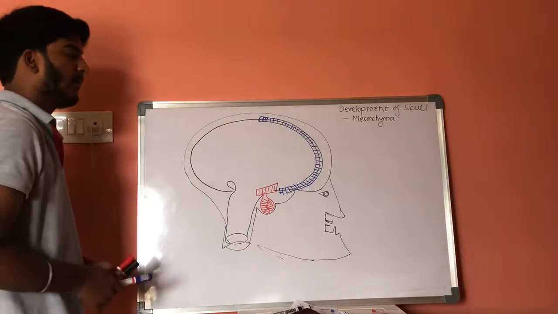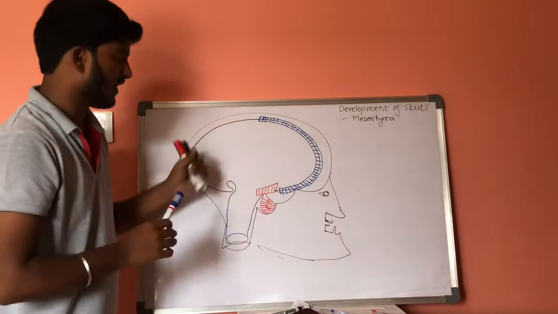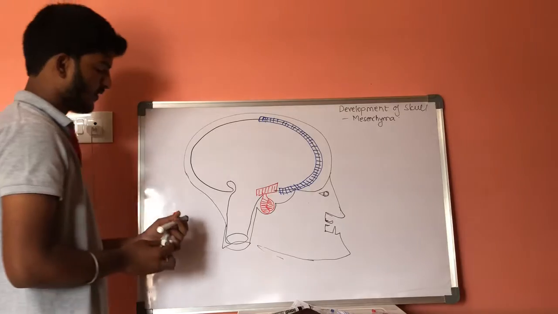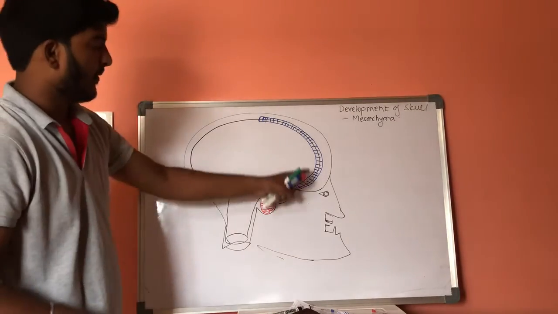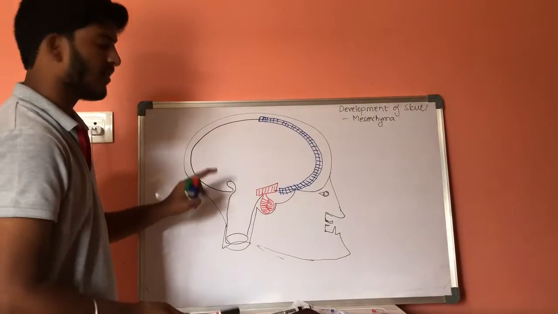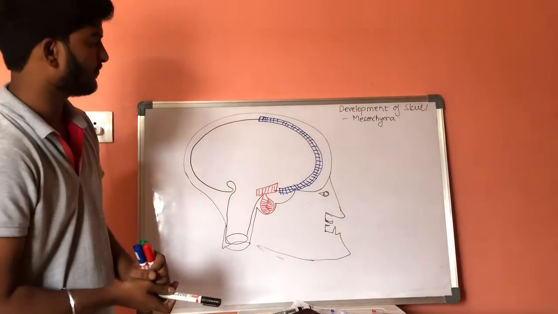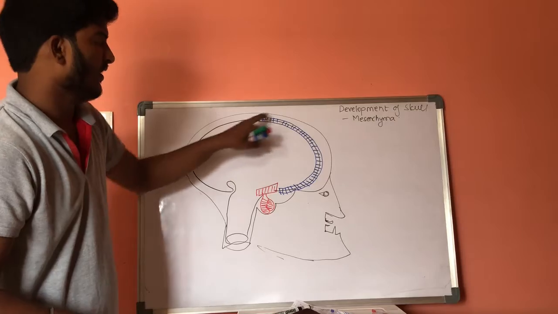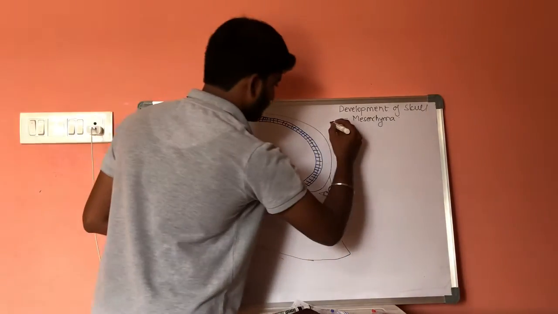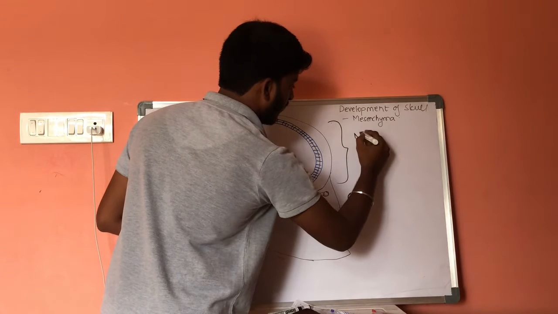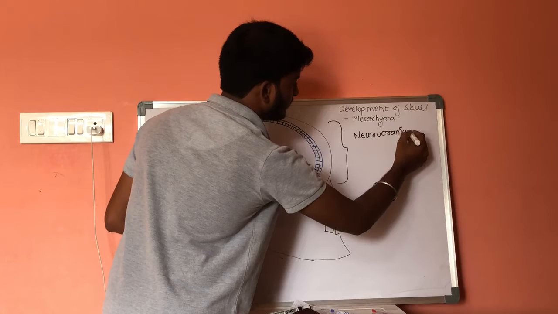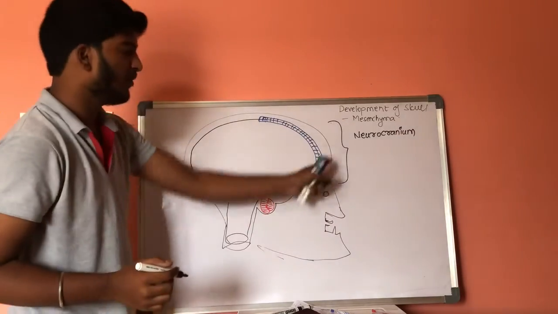Now, before going into the detail, the skull is divided into two divisions. This is one part and this is another part. In this part it consists of the central nervous system, so this entire part is called the neurocranium.